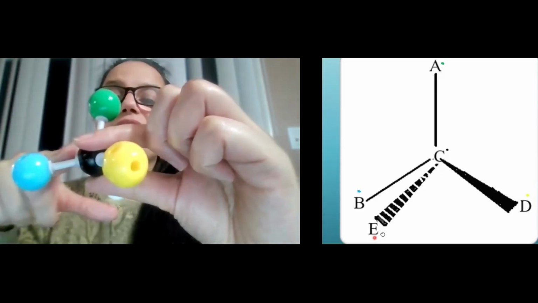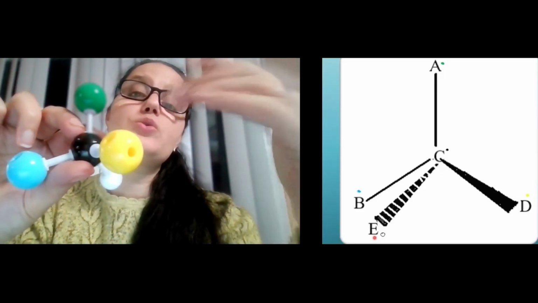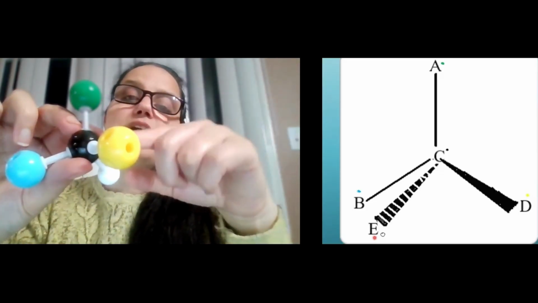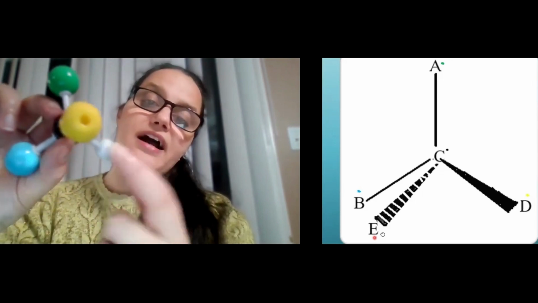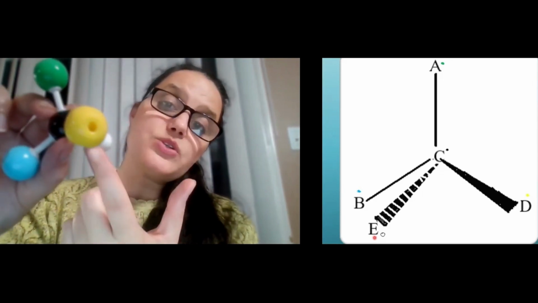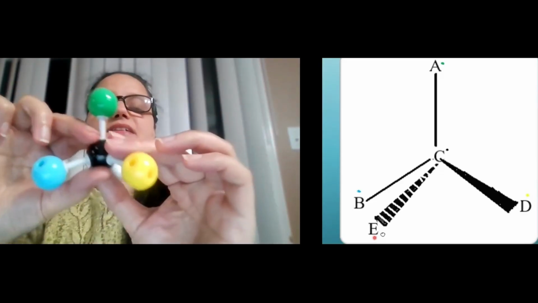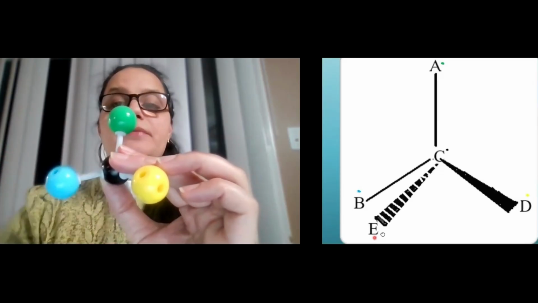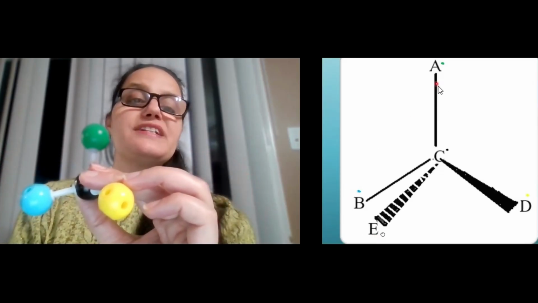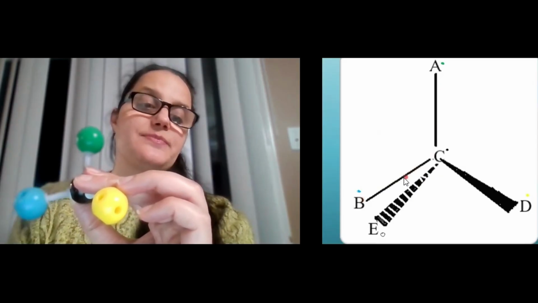These three are in the same plane, and this one is coming out of the plane towards you. The fourth group will again go out of the plane, but it will point away from the observer. He said that the groups which are in the same plane as the carbon will be represented by simple bond lines.